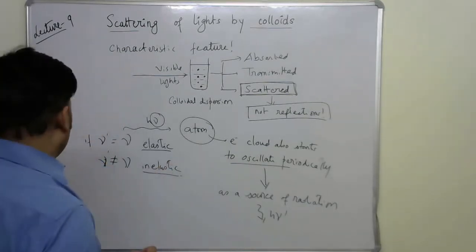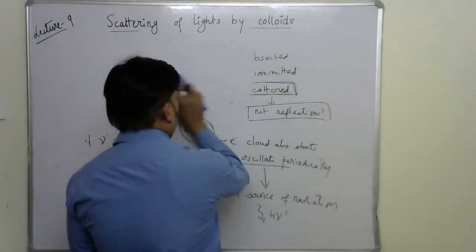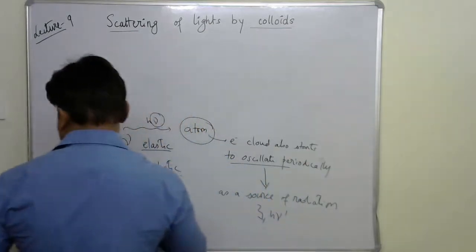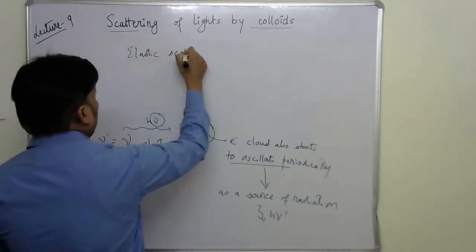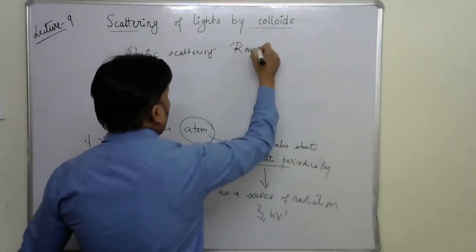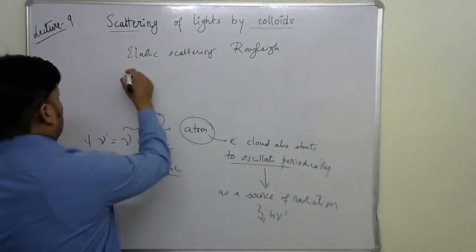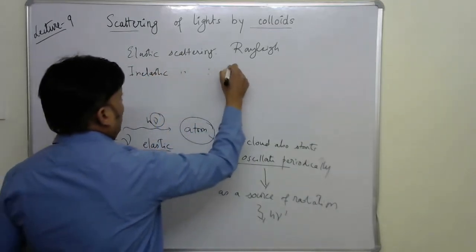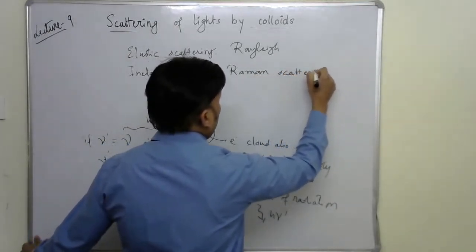So we can proceed with a few examples so that it will be clear. An example of elastic scattering is Rayleigh scattering. Probably you have heard the name of this kind of scattering. And an example of inelastic scattering is Raman scattering.